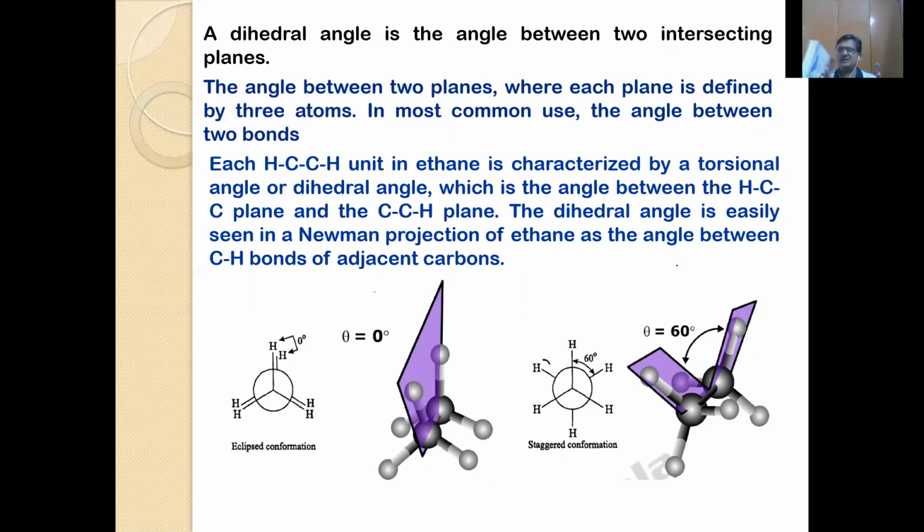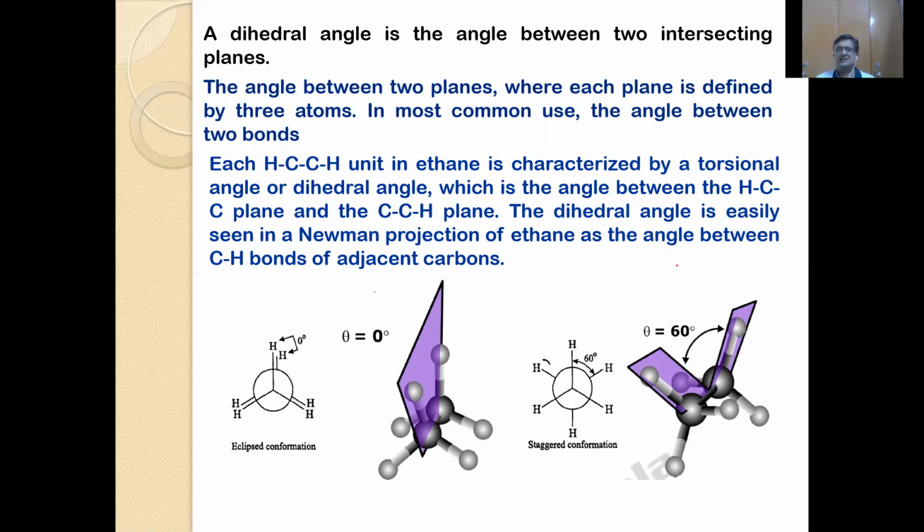When we bisect one of the bonds and open this, we can easily read all aspects. From this to this, the interface angle is supposed to be called a dihedral angle. You should remember this. This is a very important terminology which is used in conformations.